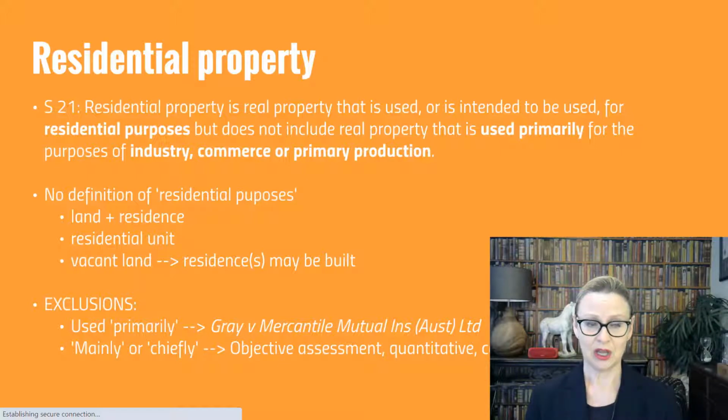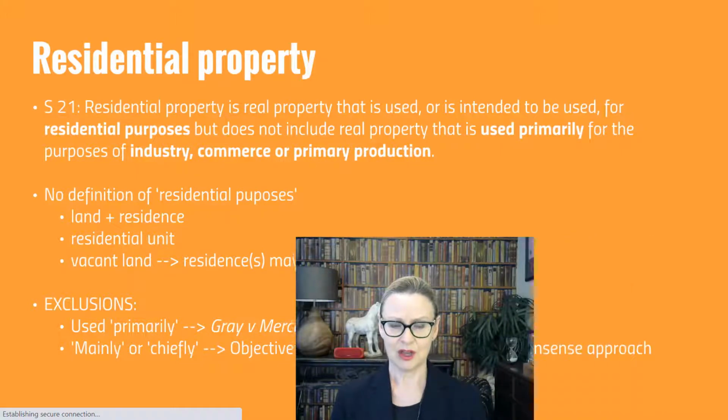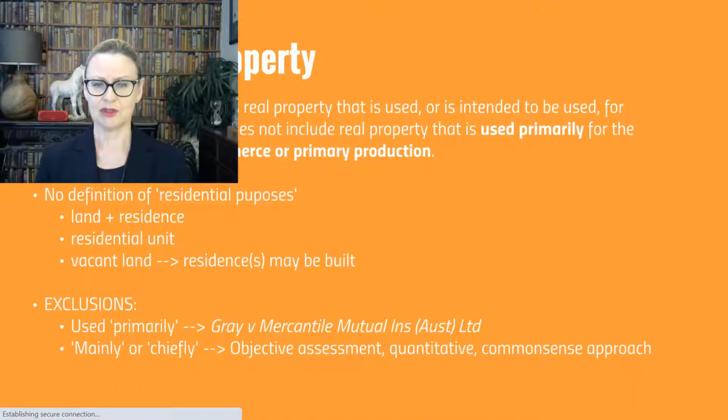The exclusions at the tail end of that definition have to be used primarily for purposes of industry, commerce, or primary production. In terms of what constitutes primary use for those other purposes, the Grey and Mercantile Mutual case assists there. That is not a real property case, but it is a case that assists with interpretation of the word primarily.